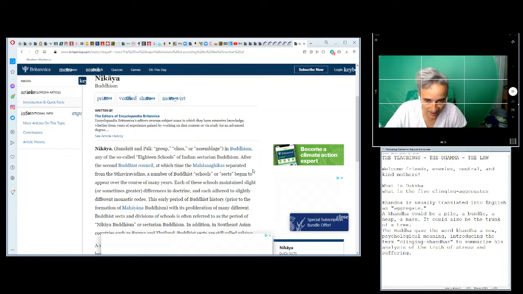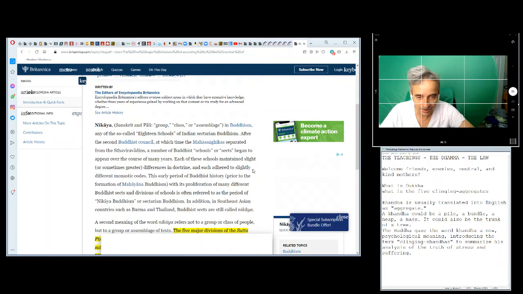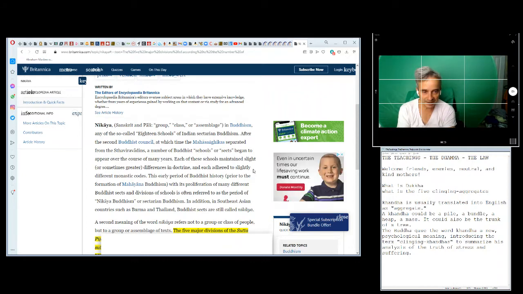Each maintained slight or sometimes greater differences in doctrine, and each adhered to slightly different monastic codes. This early period of Buddhist history, prior to the formation of Mahayana Buddhism, with the proliferation of many different Buddhist sects and divisions of schools, is often referred to as a period of Nikaya Buddhism or sectarian Buddhism.